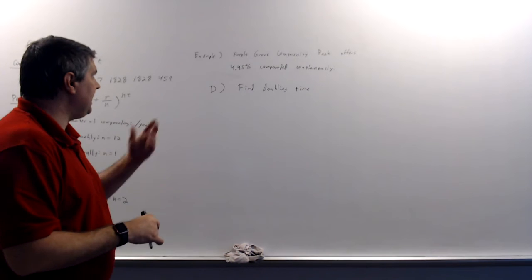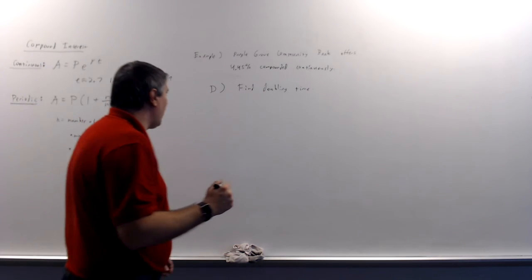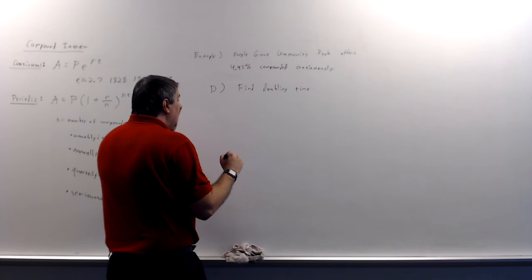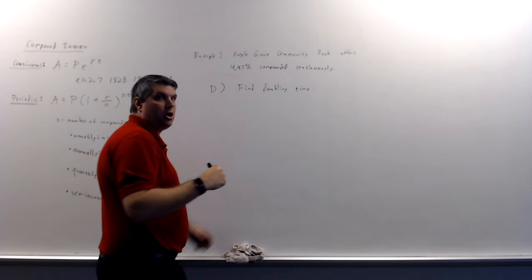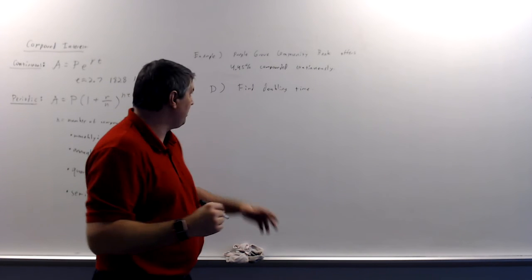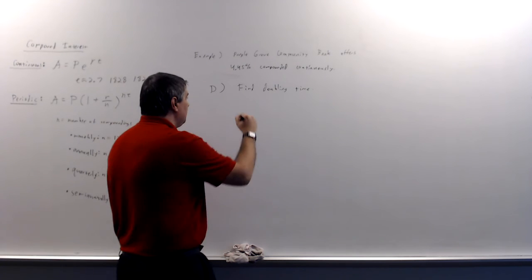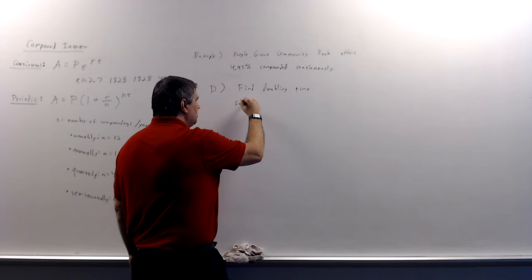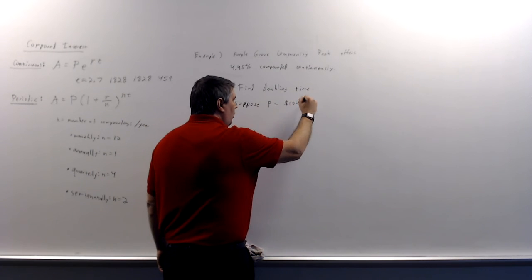Okay. D, find doubling time. Well, we'll find the doubling time. So here it goes. You could literally make any number up and just double it. But we've been using 1,040 for a deposit, so we'll use 1,040 for a deposit. Suppose P is 1,040.